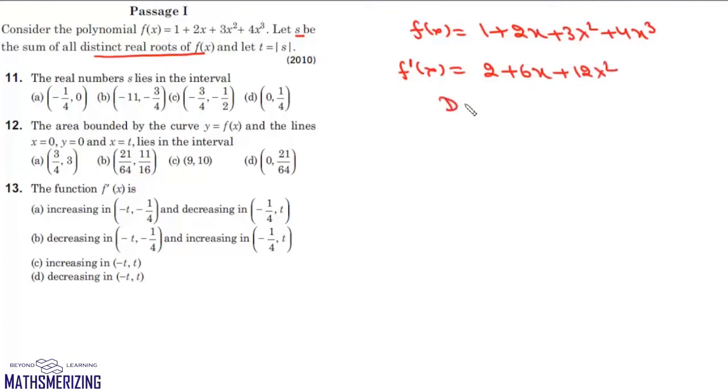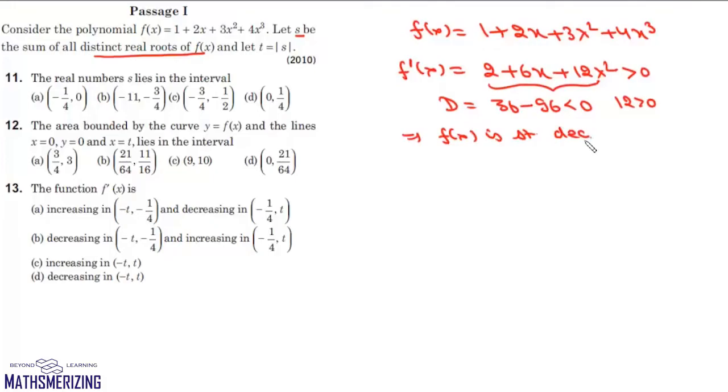Now for this quadratic expression, the value of D is 36 minus 96, which is less than 0. Now a is greater than 0 and D is less than 0. It simply means that this quadratic is always positive. That means f'(x) is greater than 0, which simply means that this function f(x) is strictly increasing.